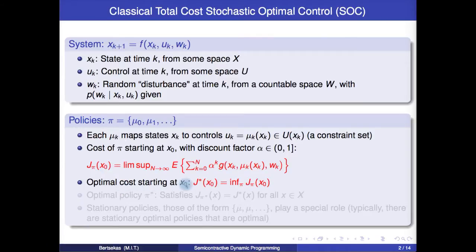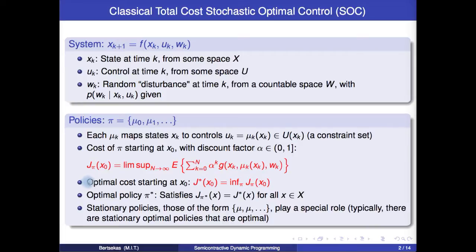The optimal cost starting at x0 is the infimum over all policies of J pi of x0, and we're interested in an optimal policy pi star that satisfies this equation uniformly for all x. In this problem, a special role is played by stationary policies. Stationary policies are the ones where mu k does not change from one stage to the next. There's a single control function mu that defines the policy.